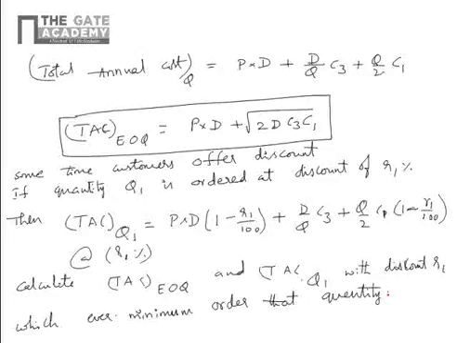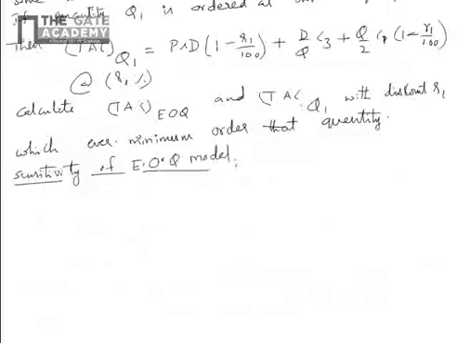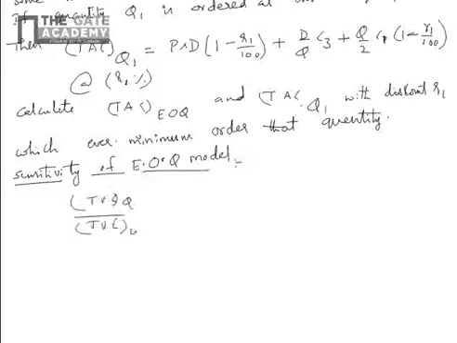Sensitivity of the EOQ model is defined as total variable cost at any quantity divided by total variable cost at economic order quantity.